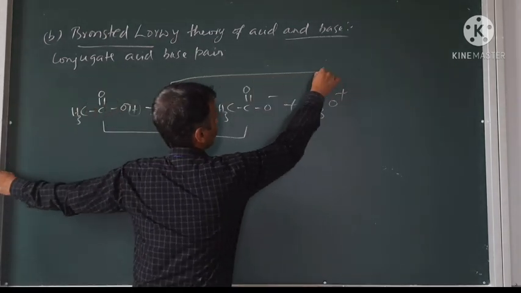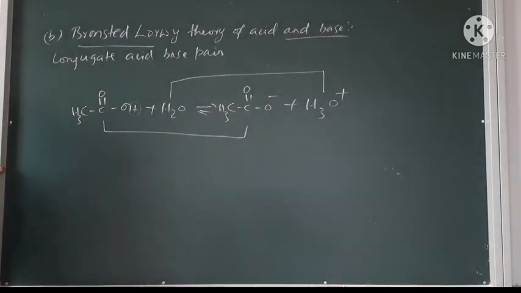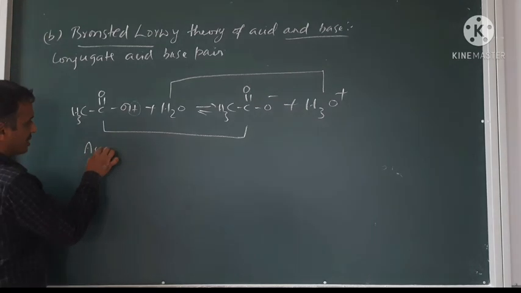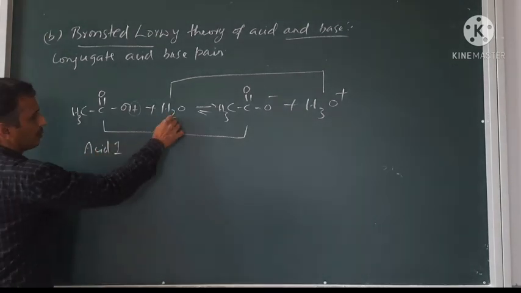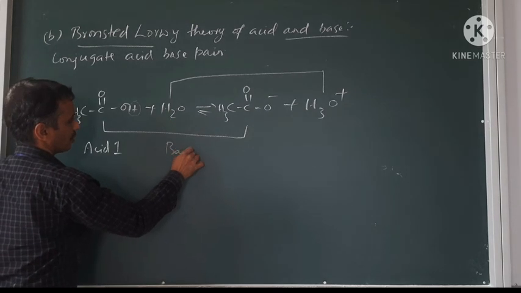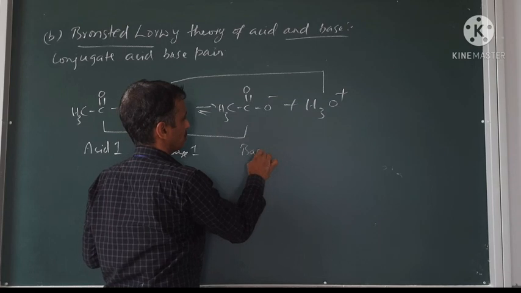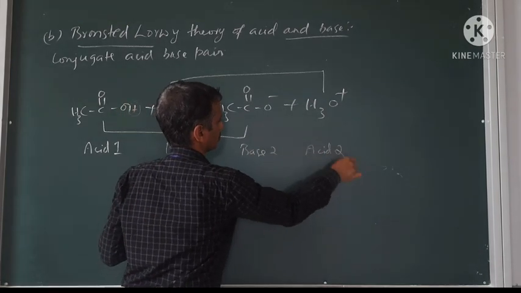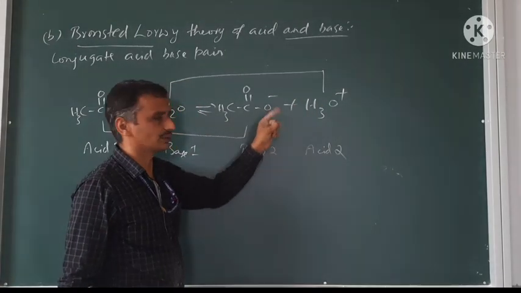H2O and H3O plus, again one H plus difference, so another acid base pair. So if this is acid 1, this will become base 1. This is becoming base 2. This is acid 2. Here H3O plus can donate H plus.